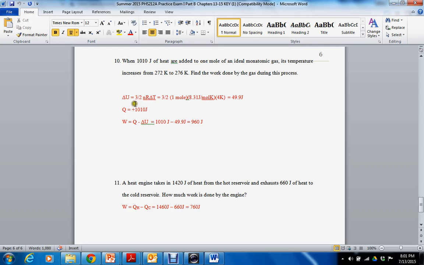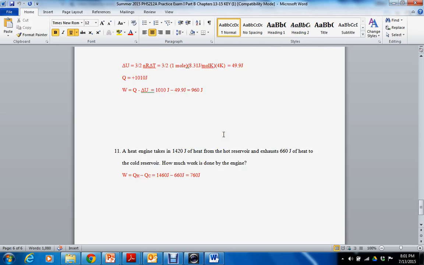So delta U equals 3/2 nR delta T. n is 1 mole, R, delta T is 4 Kelvin, which equals 49.9 joules. Q was positive 1010 joules, we're told that. So work equals Q minus delta U, which is 960 joules.